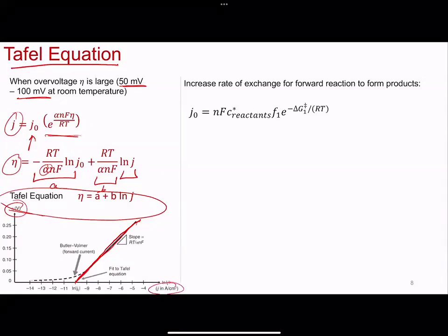So when you read fuel cell literature and they say, well, we fit the Tafel equation and the slope is this, so it's better, well, what does that mean? What is the slope?